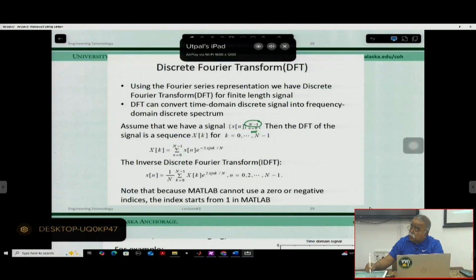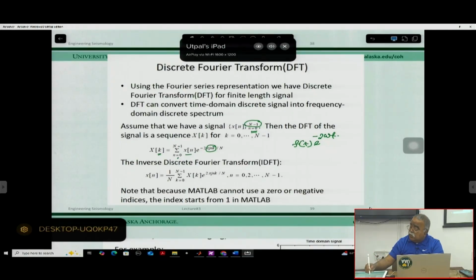So what we need to do is, we know that we have multiplied by e to the power minus j omega t, so that t part we are basically doing with j n into k, and this n value goes from 0 to N minus 1, and this will be the Xk. That means the first value in the frequency domain is k equals 0, then k equals 1.